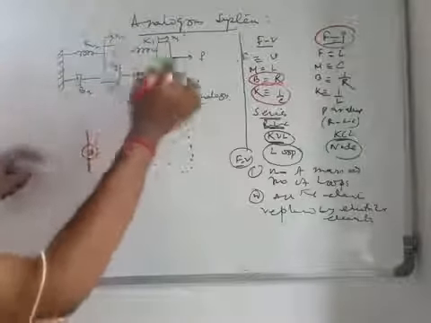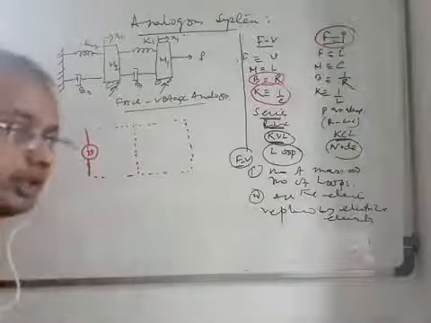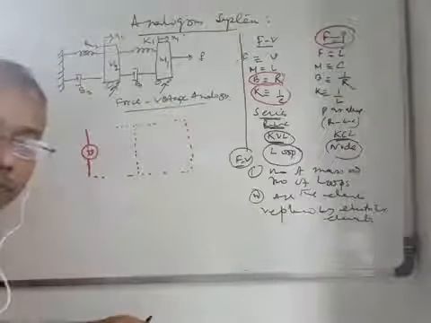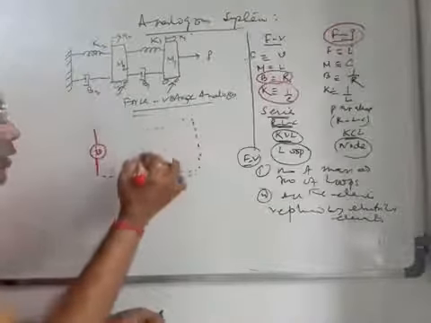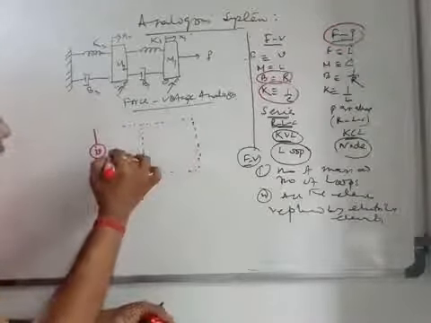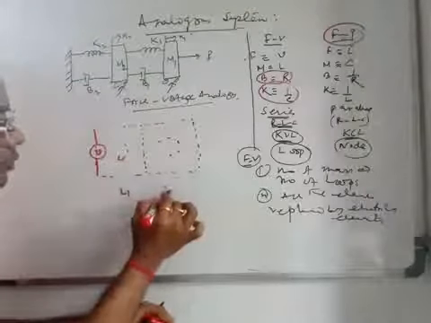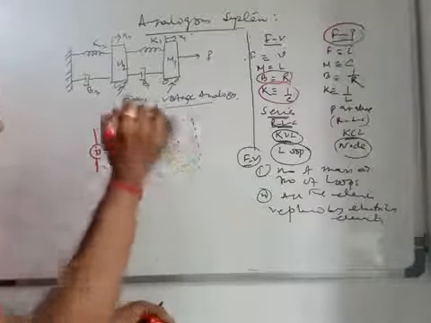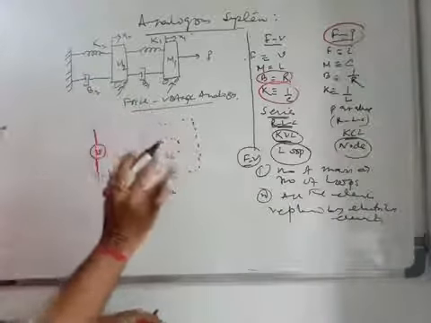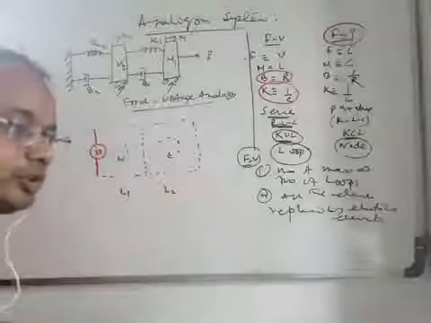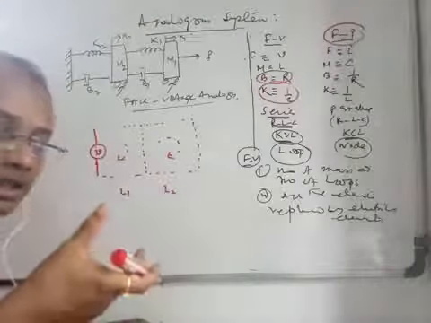See here for the force voltage analogy, once you are going to get the KVL, that means the concept of loop. The concept of loop means there is a common path. So this may be one loop L1, this may be another loop L2, right? This is a common path. So multiple loops means there will be a common path, that means common connections.